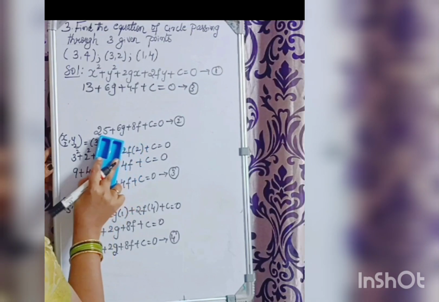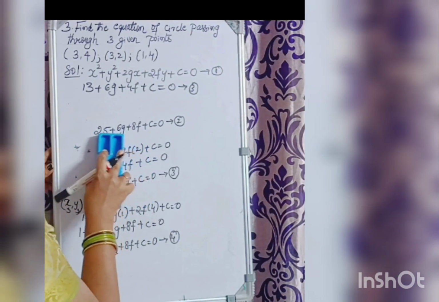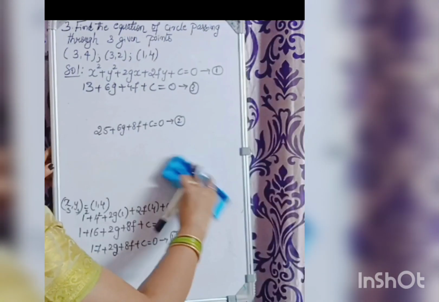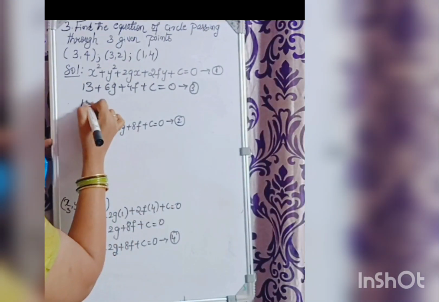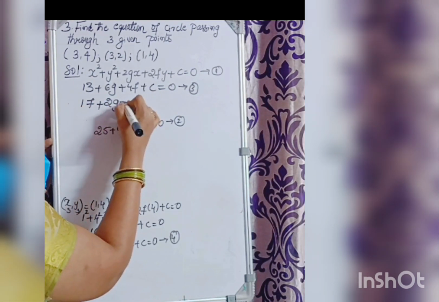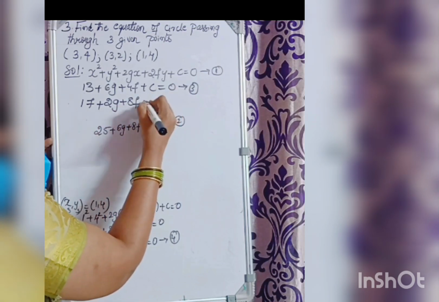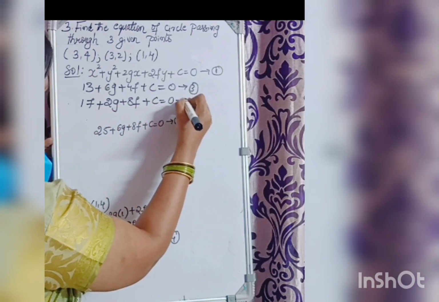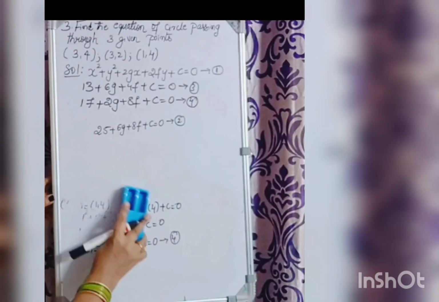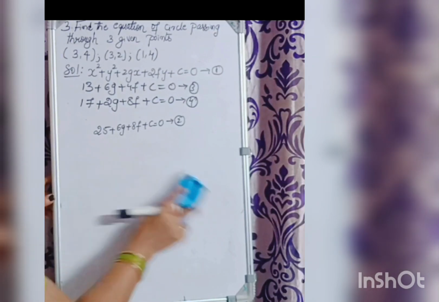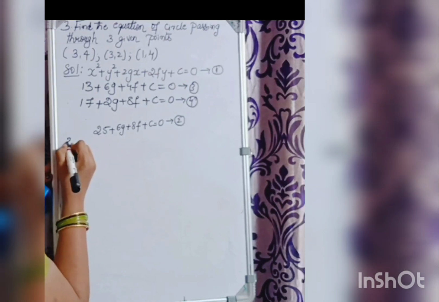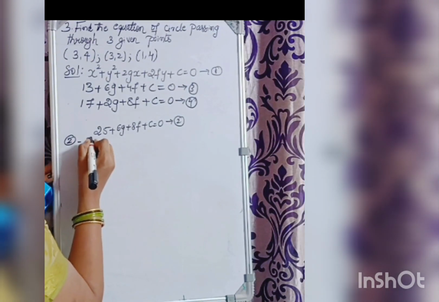And equation 4, what I got is 17 + 2g + 8f + c = 0. This is equation 4. Now, solving these three simultaneous equations, first let us consider equation 2 minus 3.